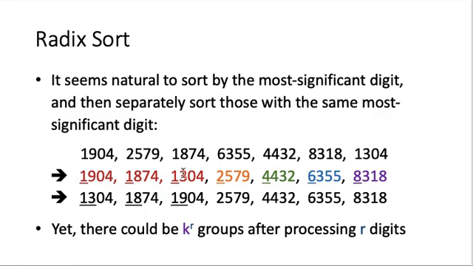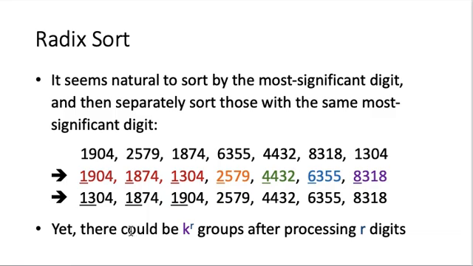After that, we will look at each group separately. For the group starting with 1, we will now compare their second leftmost digit and further divide them into groups so that the same group will have the same first 2 digits, and so on and so forth. So in the end, we will be able to sort the numbers.